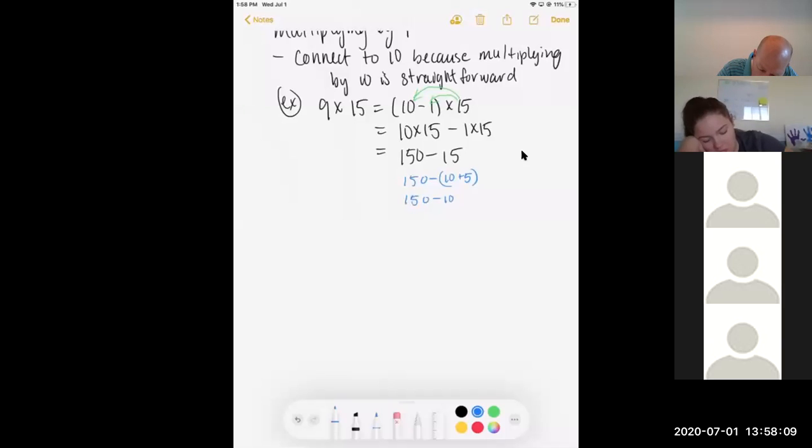I'm going to subtract 10 and then subtract 5. So I'm trying to subtract both of those. And 150 minus 10 is 140, and then 140 minus 5 is 135. So that's a kind of recall from subtraction mental math. All right. Multiplying by 9, make your 9 10 minus 1.